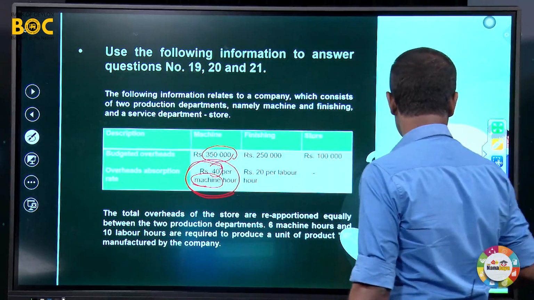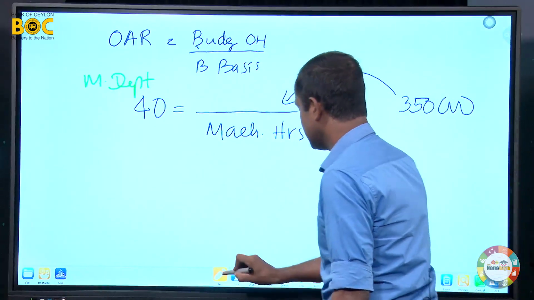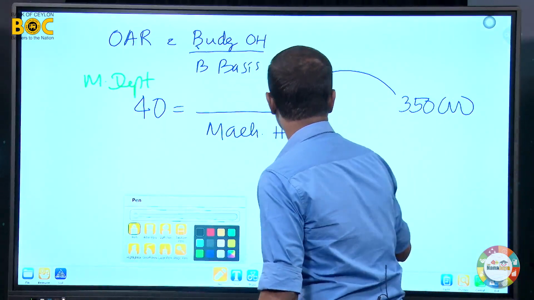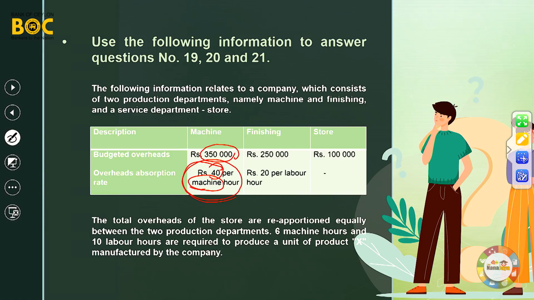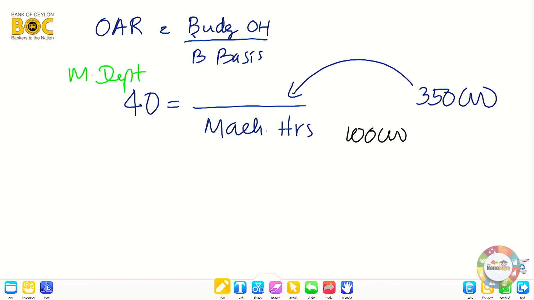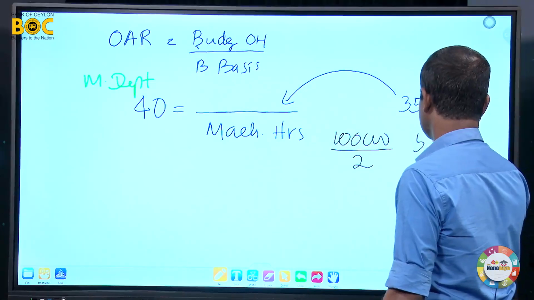From that 100,000, we have to take a part to the production department. Stores expense you reapportion equally, so half of 100,000, 50,000 rupees, you take for this department.